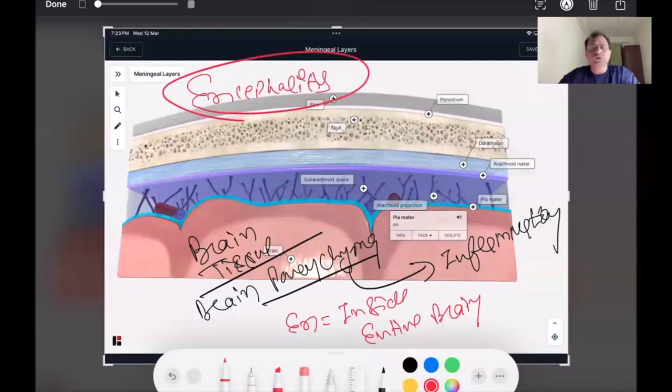Encephalitis is a really very difficult problem. The cerebrum might be involved, the cerebellum might be involved, the brainstem, all parts of the brain might suffer.